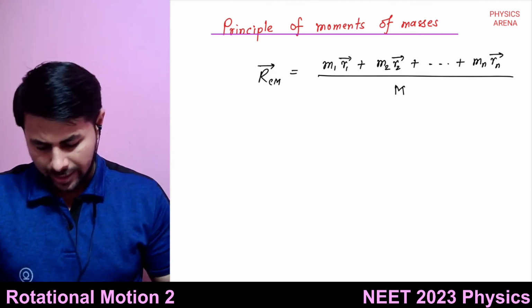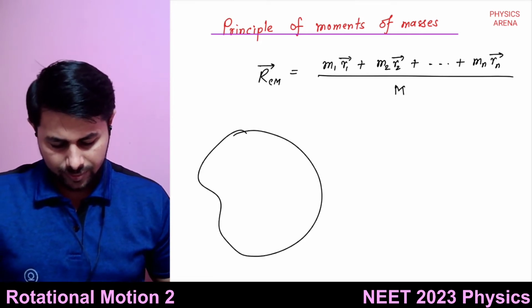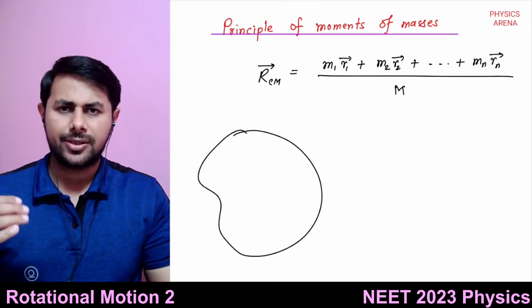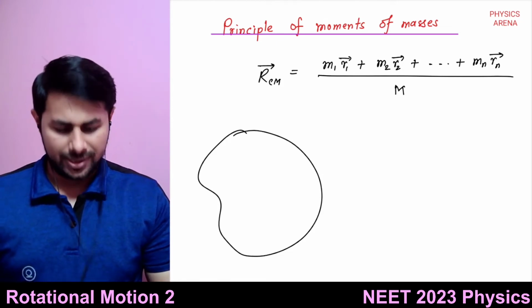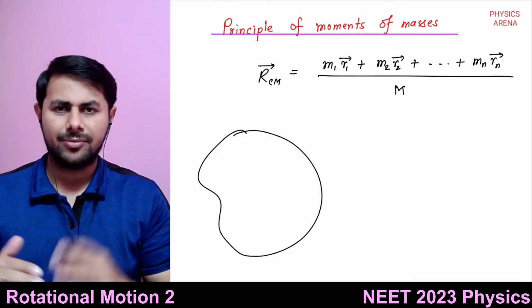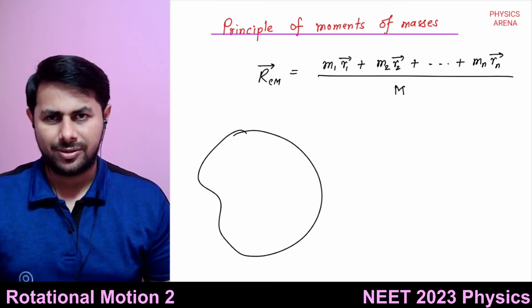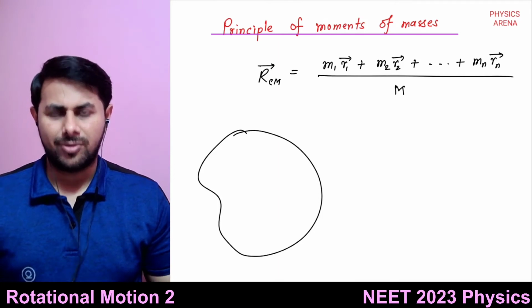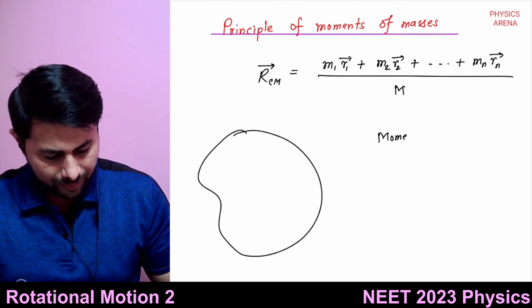Now let's suppose this is the body. So what is the moment of any mass? Moment of mass is mass multiplied by its position vector from the origin.